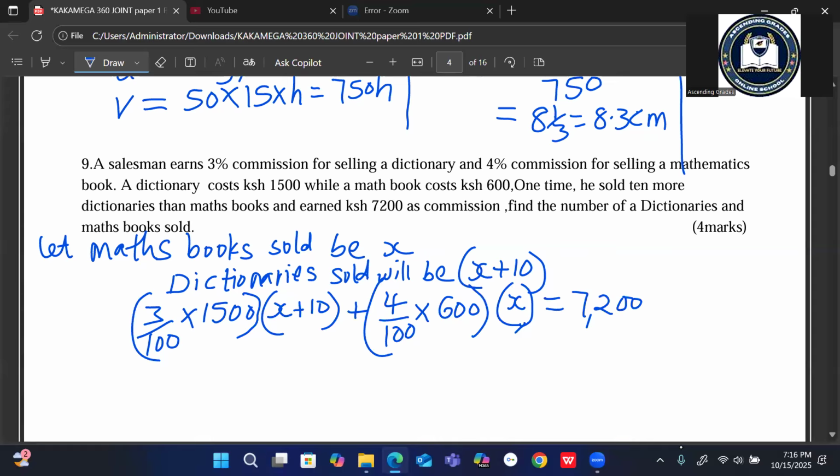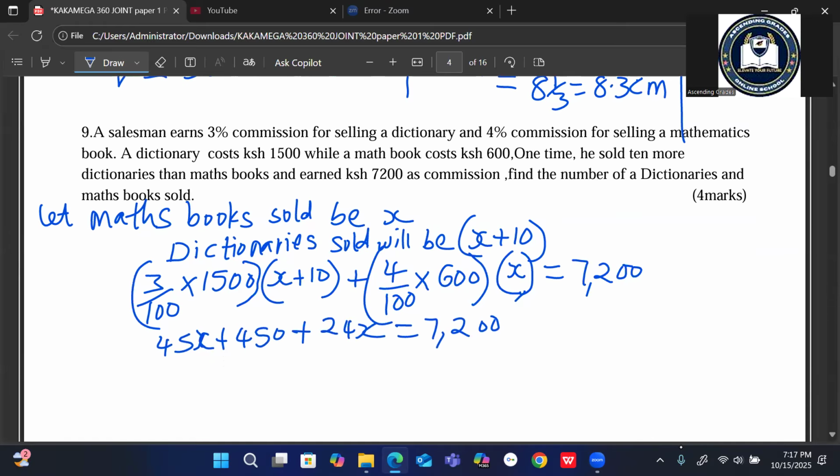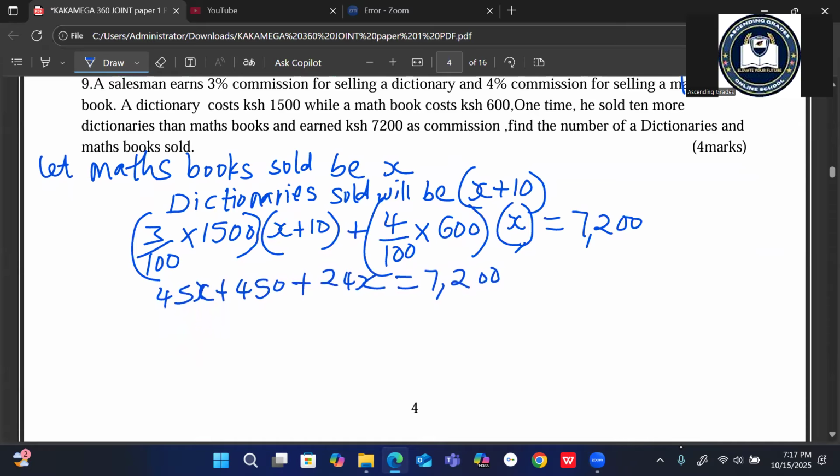So this is 45X, you add 450, plus 24X, which should give you 7,200. So bring like terms together, we have 45X plus 24X should be equal to 7,200 minus 450.